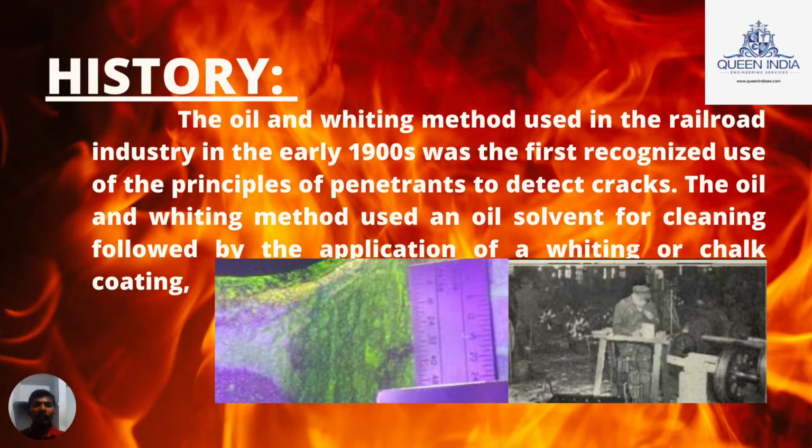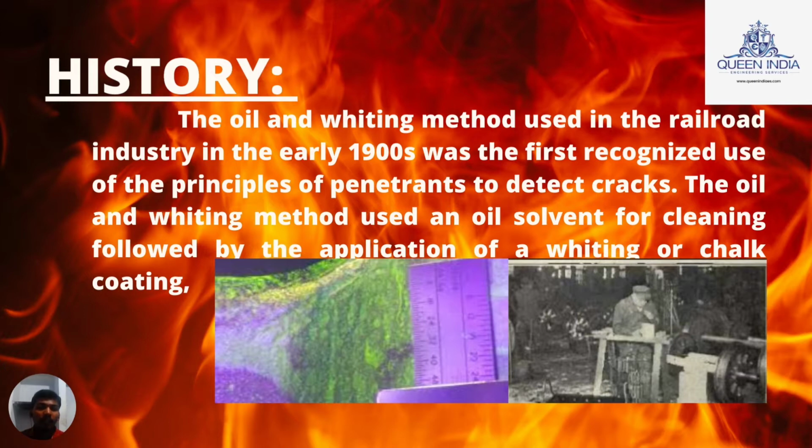History: The oil and whiting method, used in the railroad industry in the early 1900s, was the first recognized use of the principle of penetrance to detect cracks.